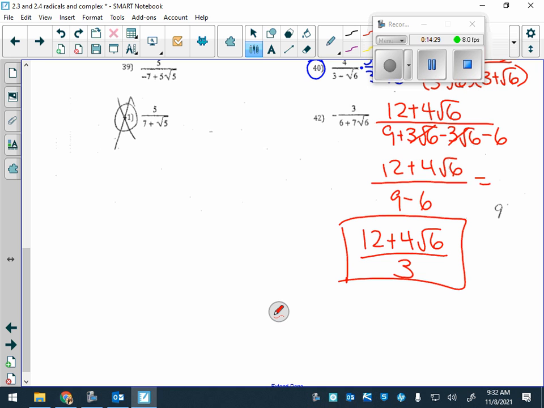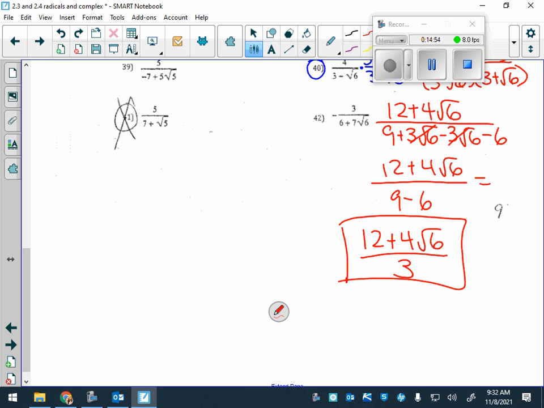Okay? Some of you might look at, oh, there's 12 over 3, so I could simplify. Okay? You could only simplify if this denominator goes into both of those terms. If it doesn't, leave it. Okay? So the whole idea about multiplying by the conjugate is it gets rid of those radicals.